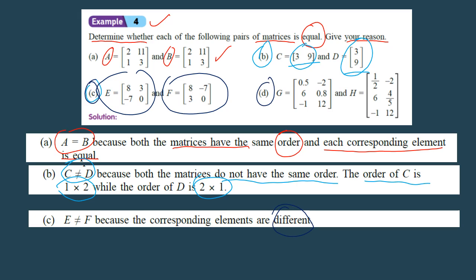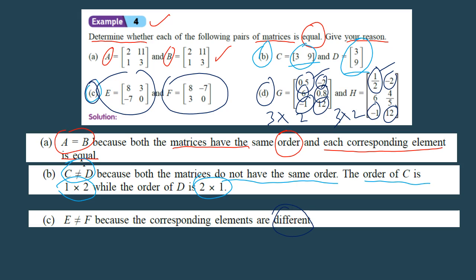Okay, for D, this one has order 3 by 2. This one also has order 3 by 2. And the elements 0.5 and 1/2 are the same, right? Only this one is in decimal form, this one is in fraction form. Okay, -2 is -2, corresponding element is the same, -1, -1, and 12, 6.